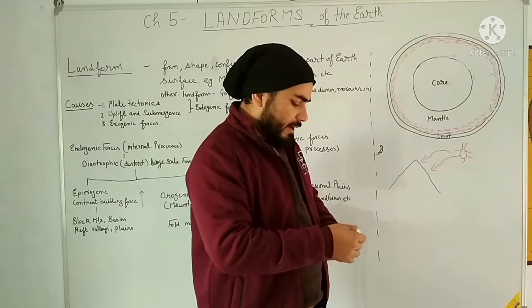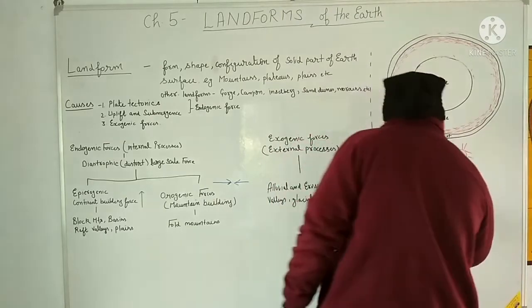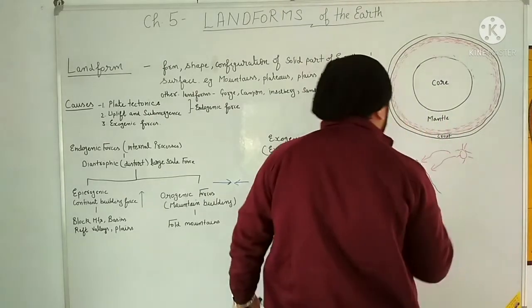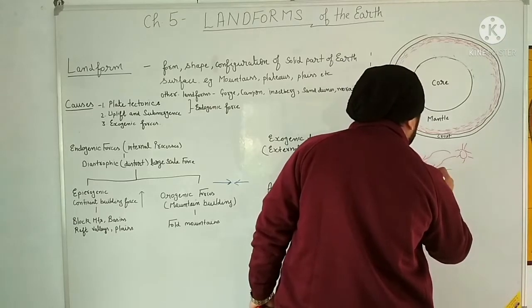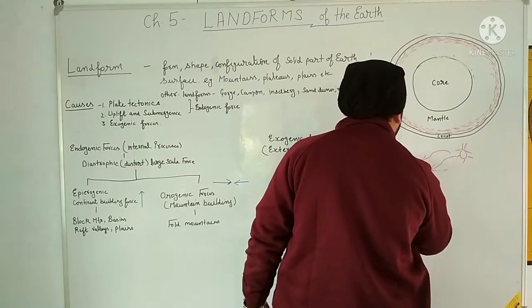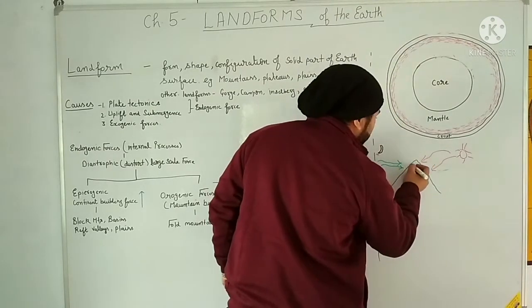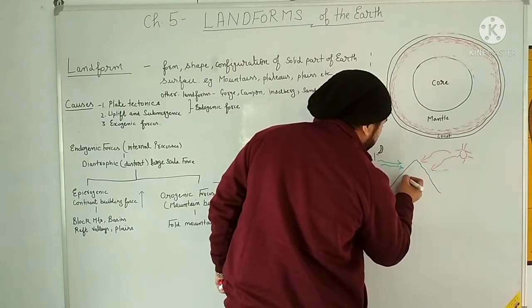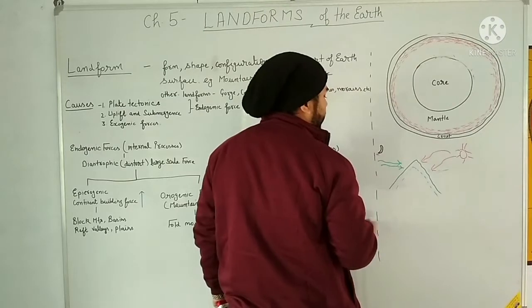And after that the agents of erosion, like wind, if wind is blowing in this direction, will start eroding this, and the mountain will become like this.